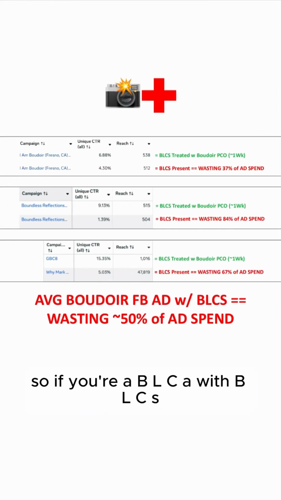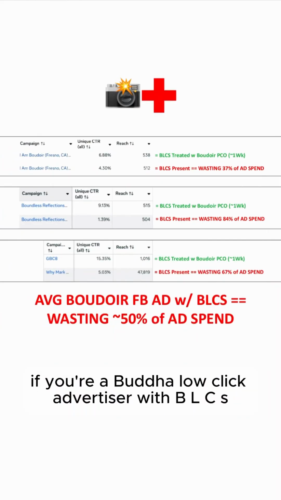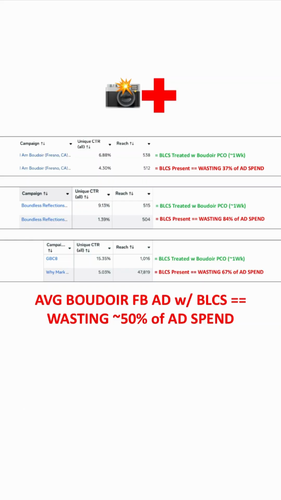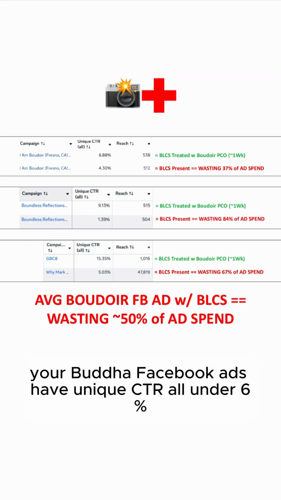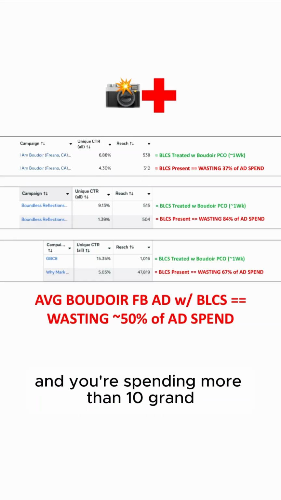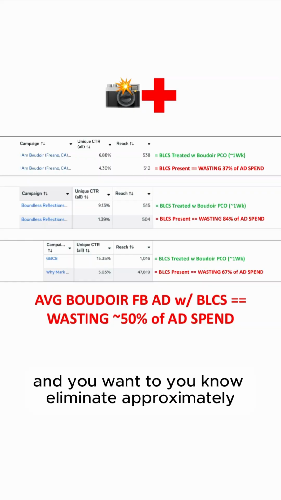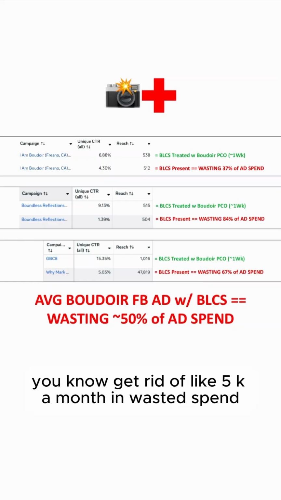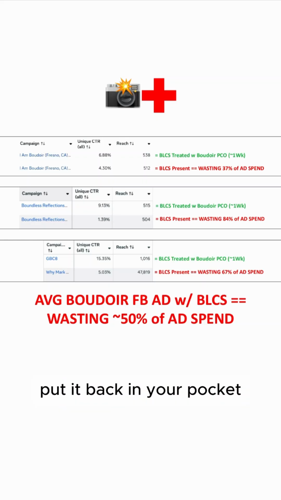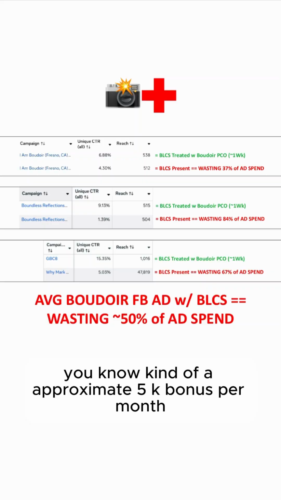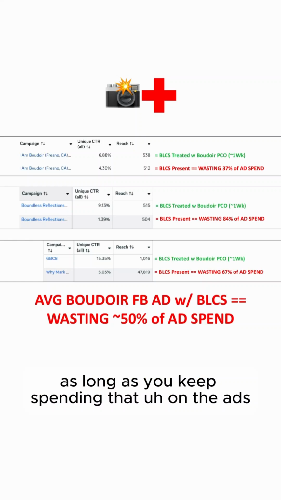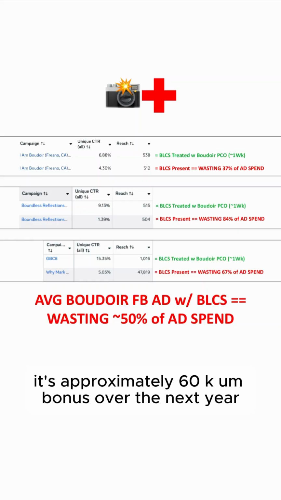All right, so if you're a BLCA with BLCS, a Boudoir low click advertiser with BLCS, your Boudoir Facebook ads have a unique CTR under 6%, and you're spending more than 10 grand a month on Boudoir Facebook ads, and you want to eliminate approximately 5K a month in wasted spend and put it back in your pocket, that'd be an approximate 5K bonus per month, as long as you keep spending that on the ads. So approximately 60K bonus over the next year.